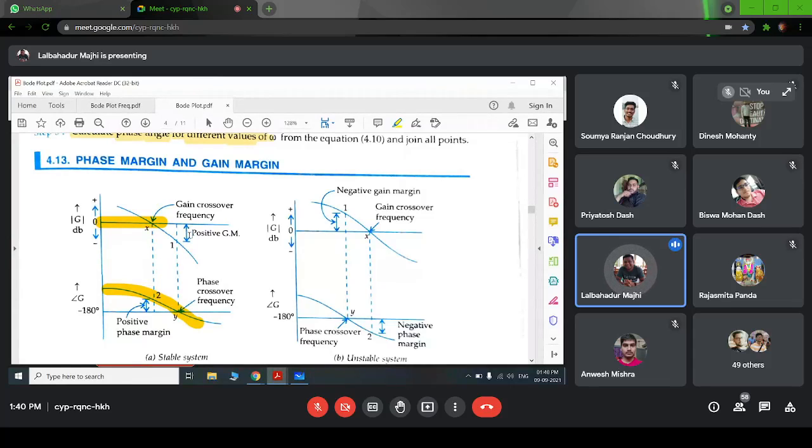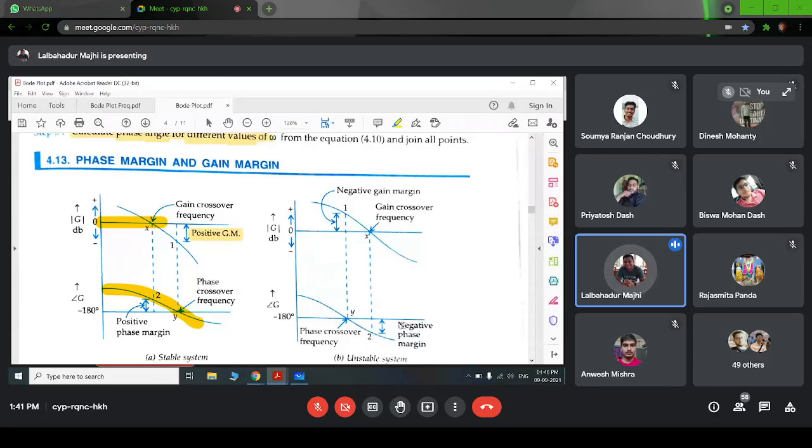On this side it will be positive gain margin and positive phase margin. For the system to be stable, both the gain margin and phase margin should be positive, or we can say the phase crossover frequency should be greater than the gain crossover frequency.